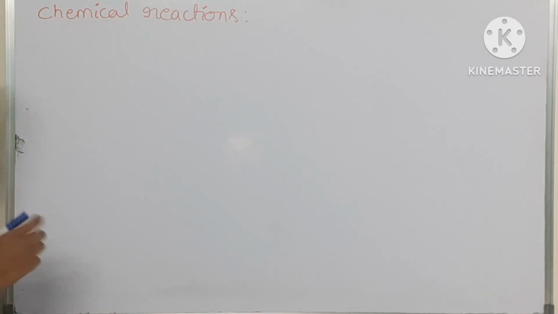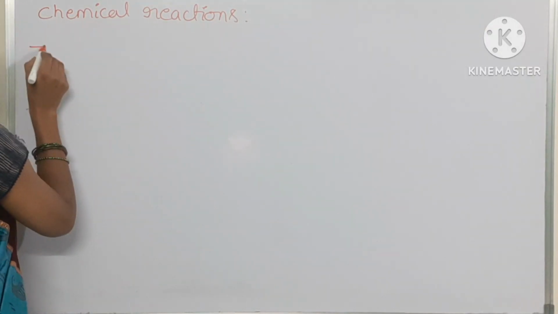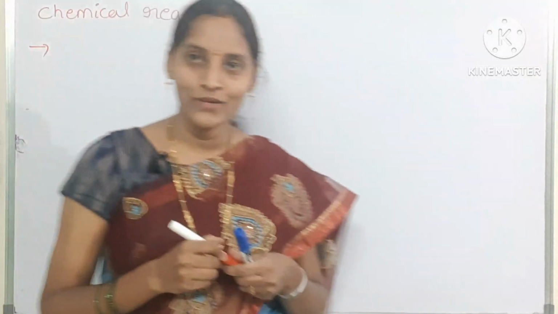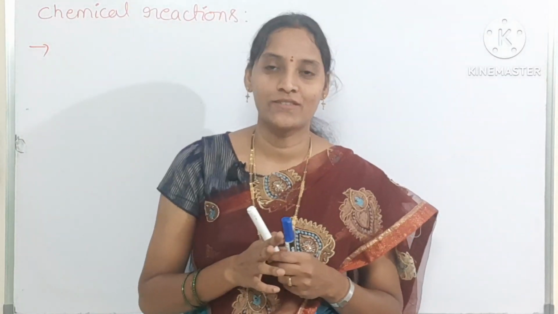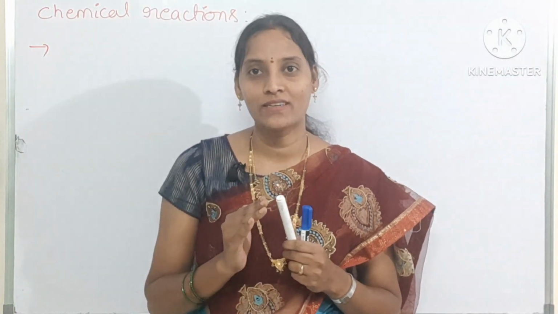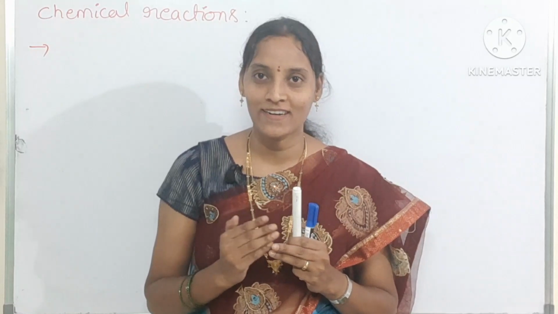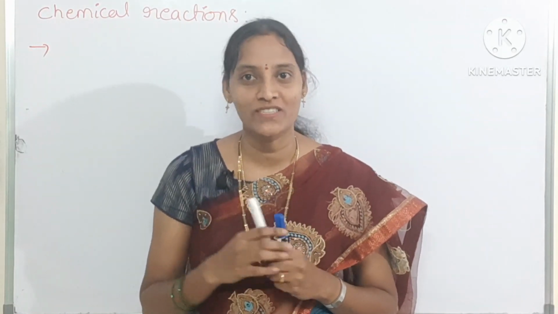Next chemical reaction you can see, chlorine reacts with NaOH in two conditions. First one is dilute cold NaOH, second condition is hot and concentrated NaOH.